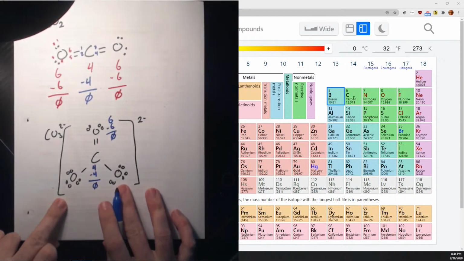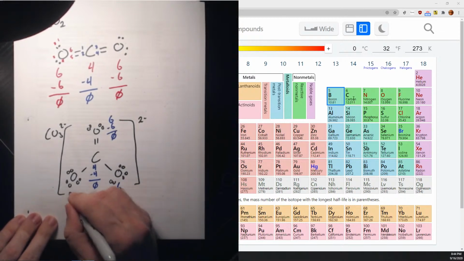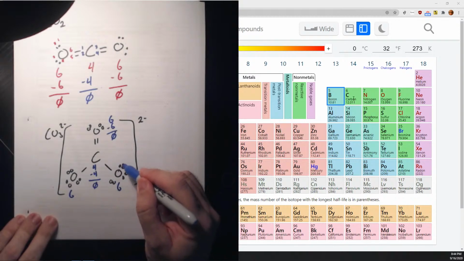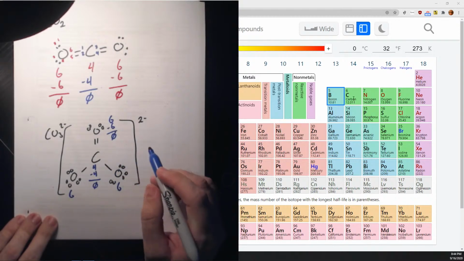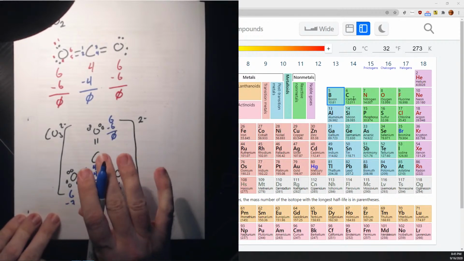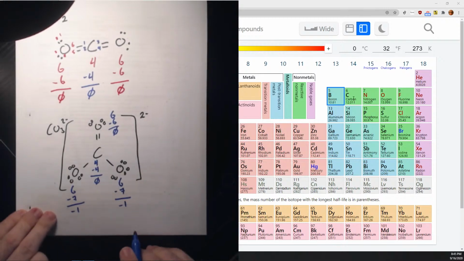The 2 oxygens down here are different. They each again started with 6, but 1, 2, 3, 4, 5, 6 from the lone pairs, and then 1 more from the bond, means that each of these oxygens owns 7 electrons, giving it a formal charge of -1.